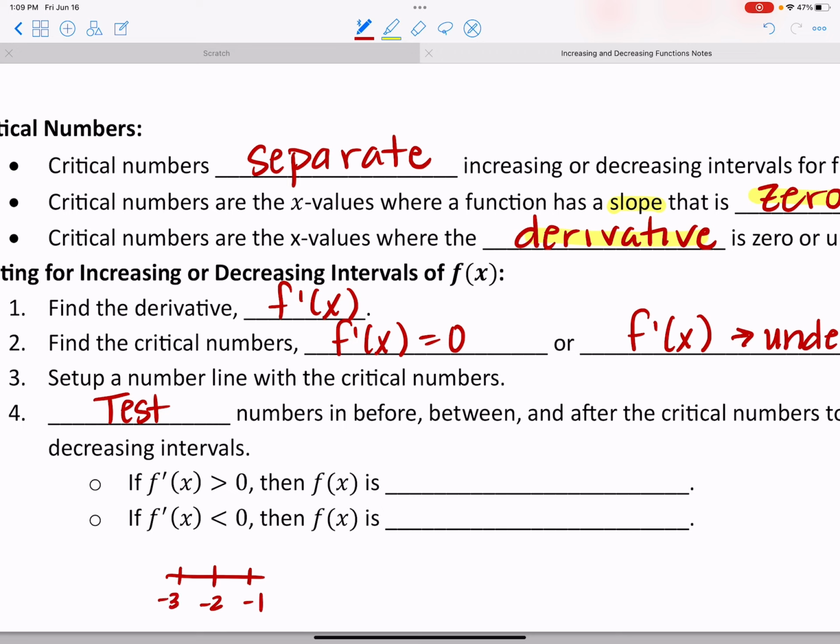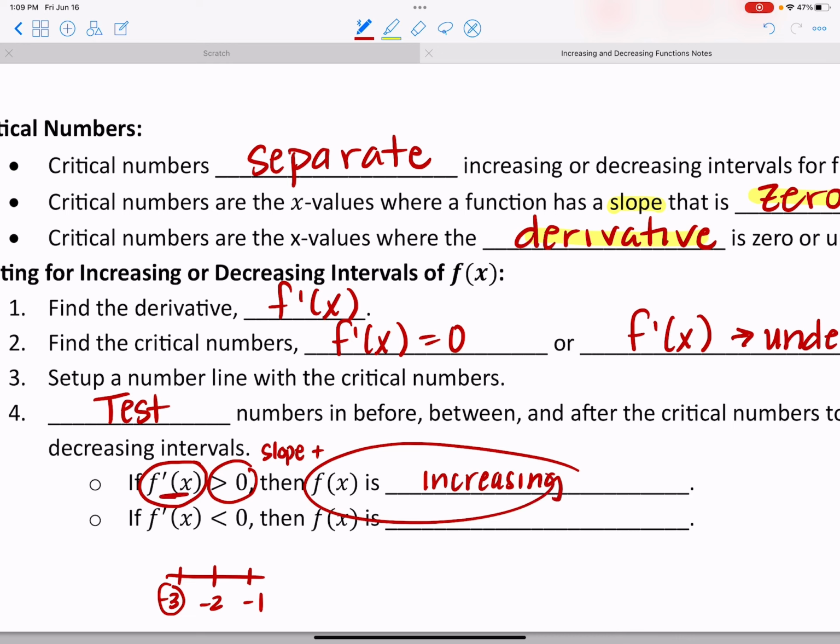What we want to do is plug it into the derivative function, because if we get something that's greater than 0, that would be positive, so that means the slope is positive. If the slope is positive, that means our function has to be increasing. So in the same way we said if the function was increasing, the slope would have to be positive. If the slope is positive, we know our function is increasing.